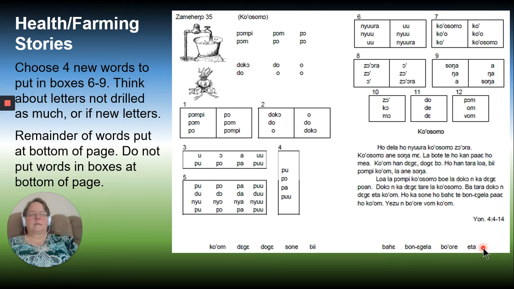As the teacher comes to teach these lessons, they'll be teaching the 5 steps as we've done before, and then the reader will have a chance to practice reading these words at the bottom of the page before they go to the story. And then the story is just going to get put in the same place along with the scripture reference. And that's all there is to filling in the lessons for the health and farming stories.